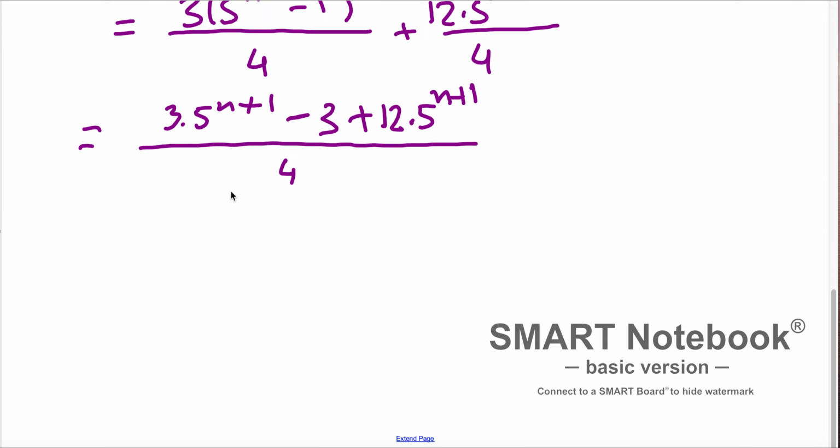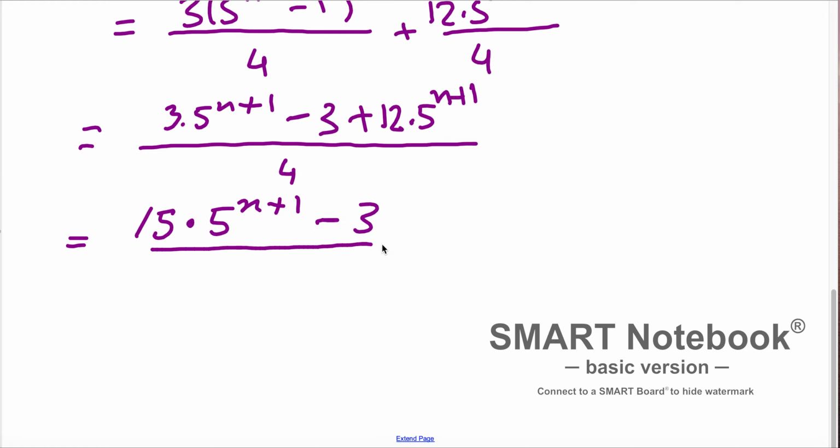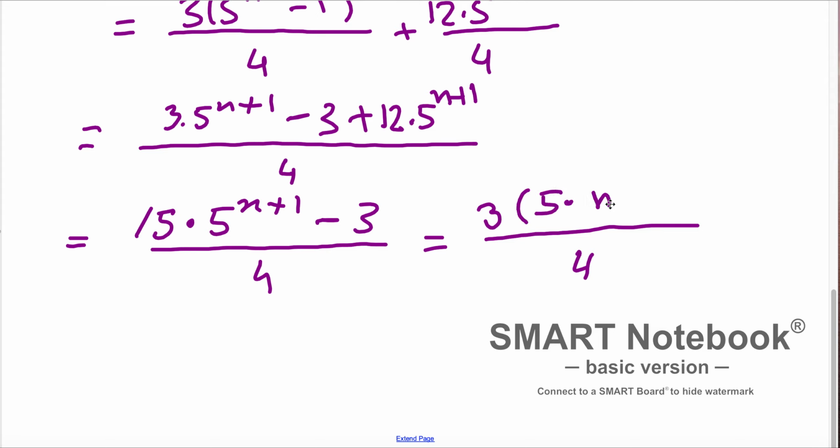But now, because these are like terms, I am adding 12 + 3 is 15. So this is 15 times 5^(n+1) minus 3, everything divided by 4. But this one here we can write in this form: we can factorize 3, everything here, and we can write 5 times 5^(n+1).